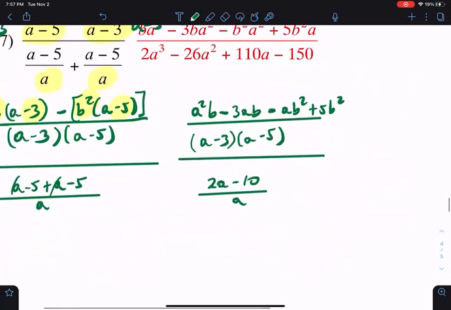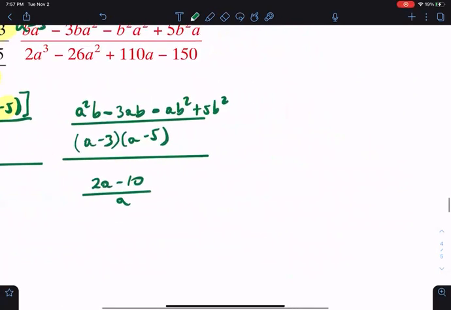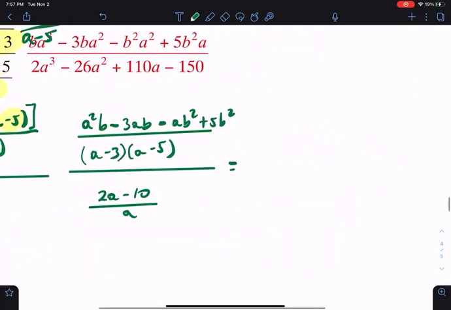I think we can factor that out. So let's see if we can combine something, right? Let's see. Actually, you cannot do anything here, right? So that's going to stay as it is.